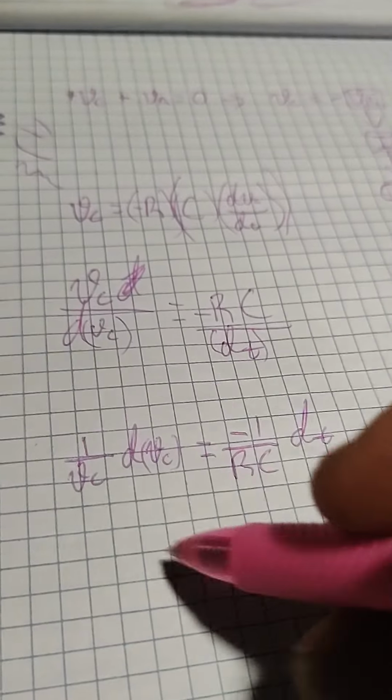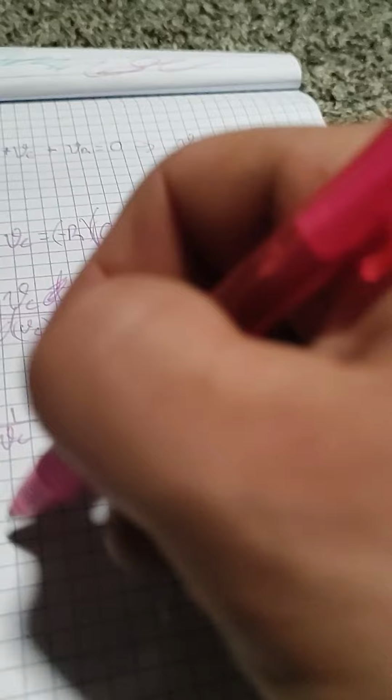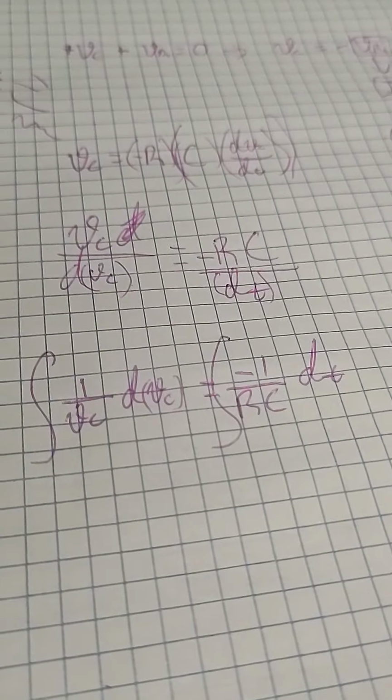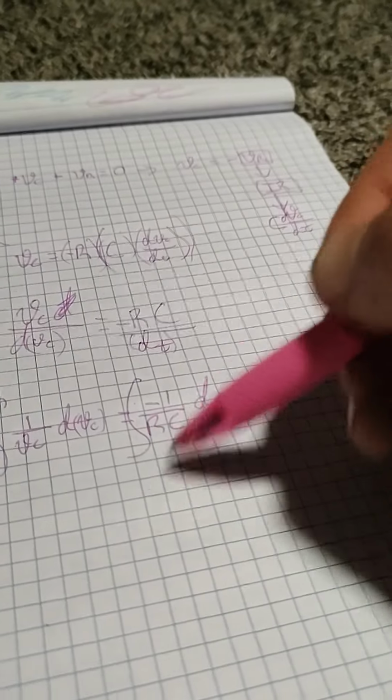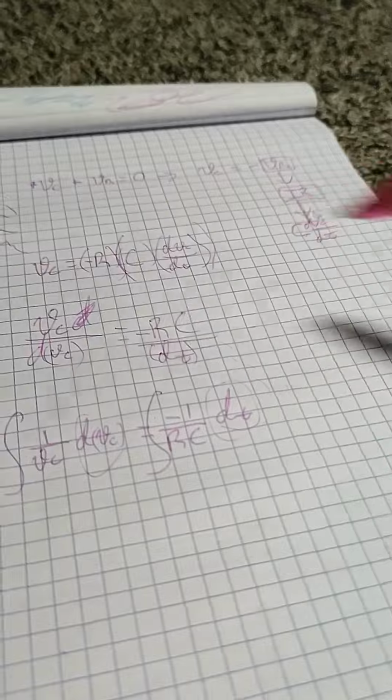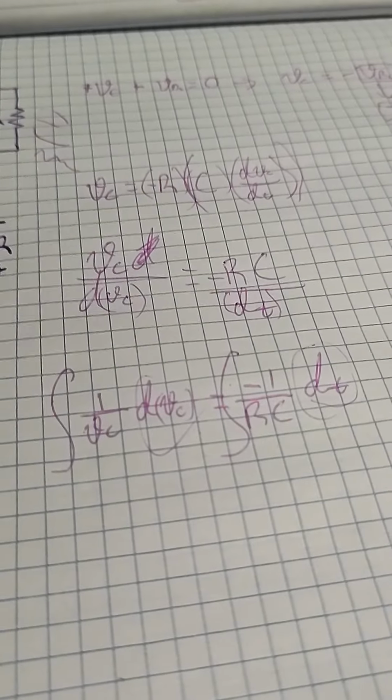So what we're going to do here is we're going to integrate both sides. And when we do the integral, or the antiderivative, we're going to get rid of these differential chunks. That way we can actually do something with this thing.